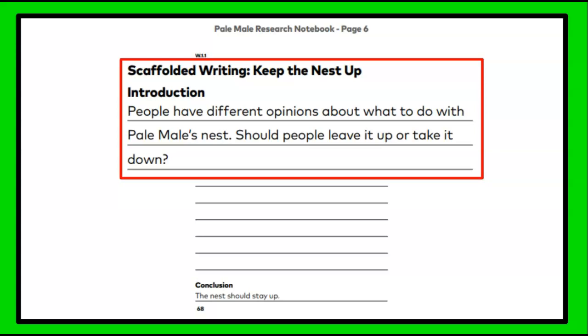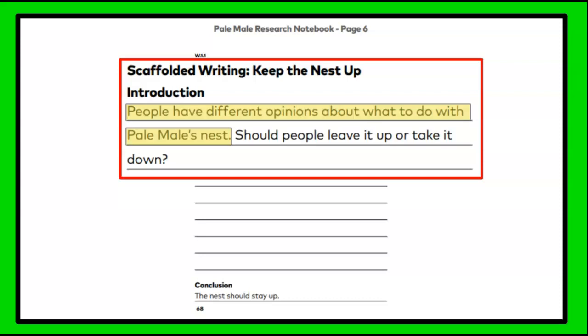That's just like the introduction we had yesterday. In the first part, we say the people have the different opinions, and then we tell them what those opinions are. The two opinions, leave it up or take it down. We had the problem and the opinions.